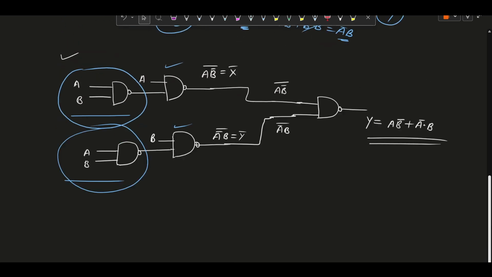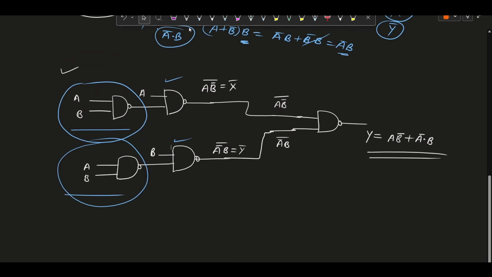So we need to reduce because in the question it is mentioned we need to use only the minimum number of NAND gates.